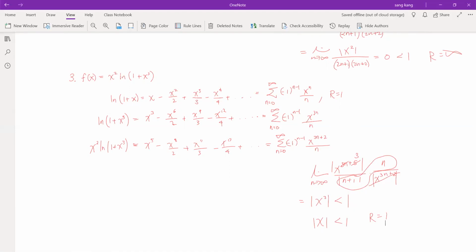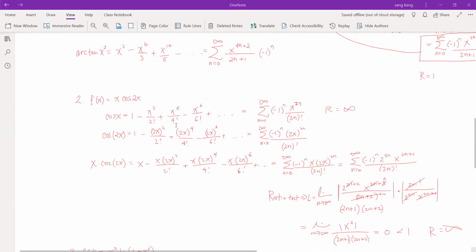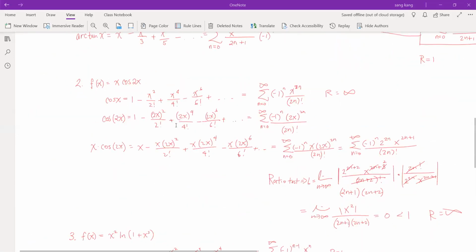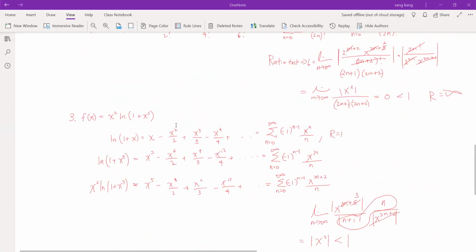Sorry, I neglected the chat for a second. Shouldn't the sum start from 1 to infinity? Which one are you talking about? This ln? Are you referring to the ln thing? Oh, yeah, you're right. It is 1.